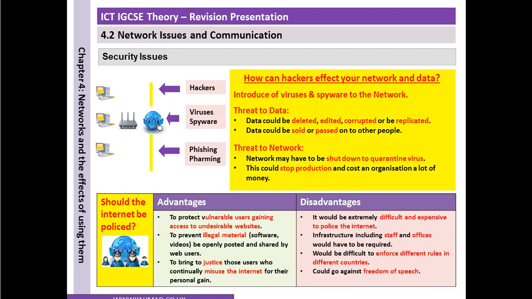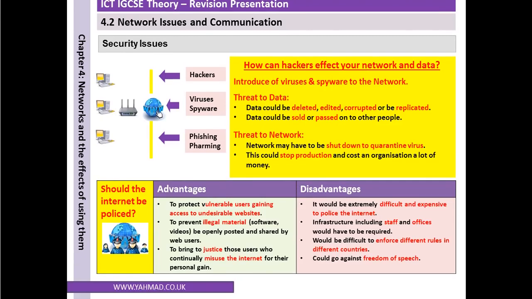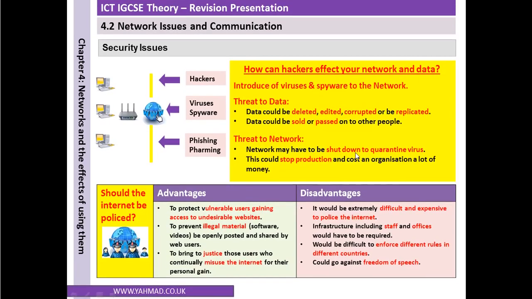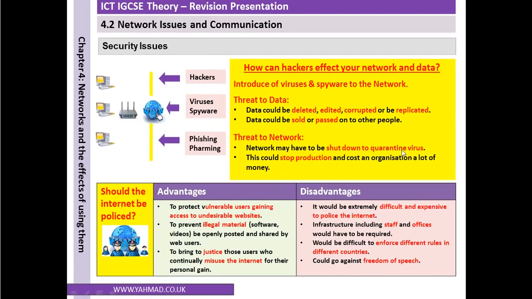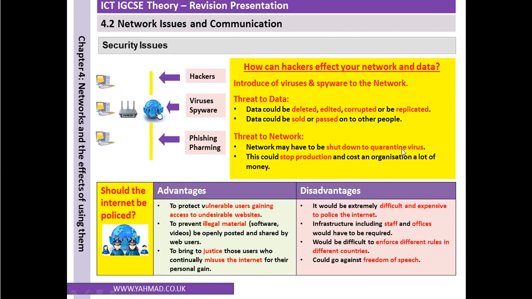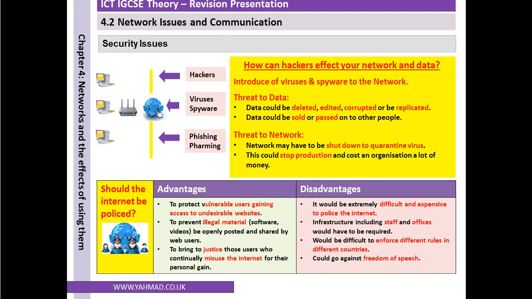In recent hacking attempts, personal details such as credit card details have been obtained and passed on to third parties, which could be quite dangerous to a company that loses personal data of its customers. The network may have to be shut down to quarantine a virus, which will stop production and cost an organization a lot of money.